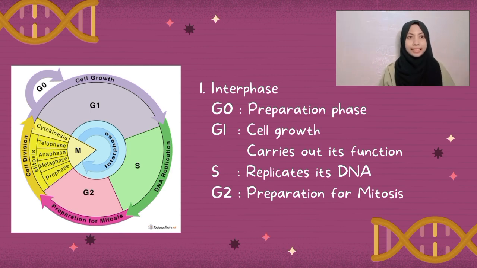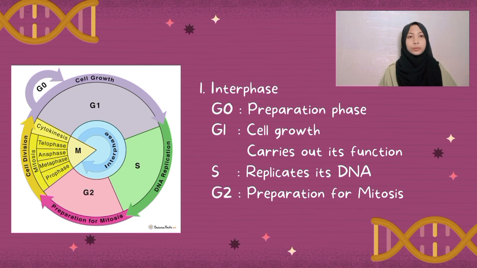G0 phase. G0 phase is the preparatory phase. If someone says G0 phase is the resting phase, it is not quite right, because in this phase the cell is preparing to enter G1 phase. Next, G1 phase.